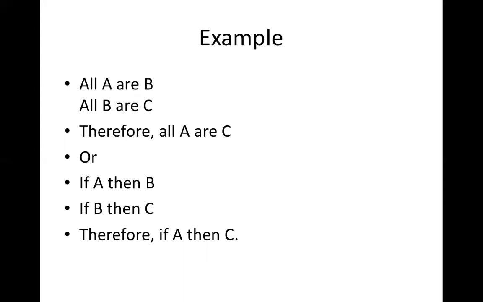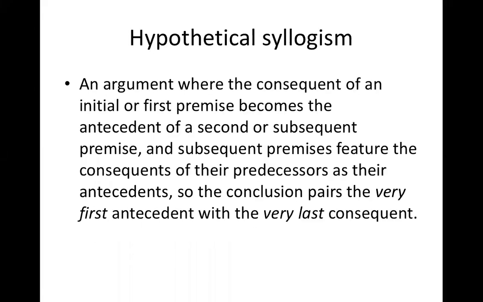So a third premise will be all C are D. And then the consequent of the third premise, which is D, can become the antecedent of a fourth premise. So a fourth premise will be all D are what? E. And in fact, you can take it from A down to Z. All A are B, all B are C, all C are D, all D are E, all E are F, and you continue.